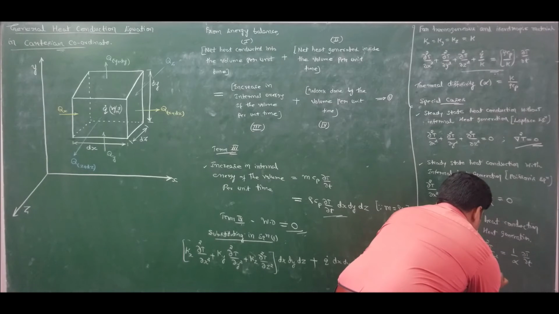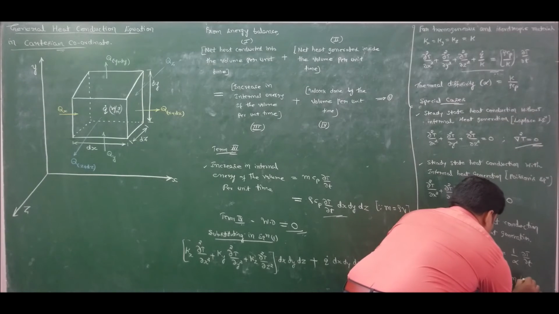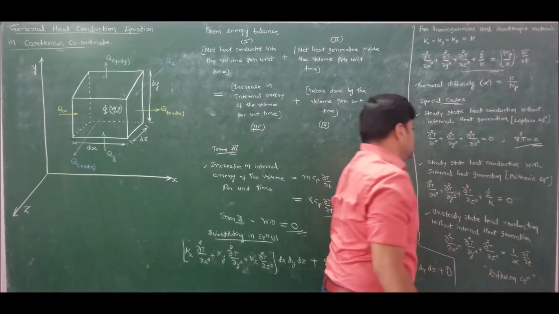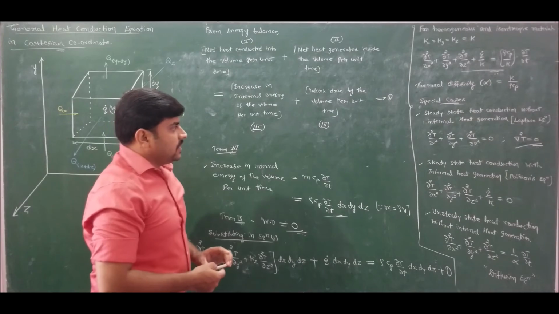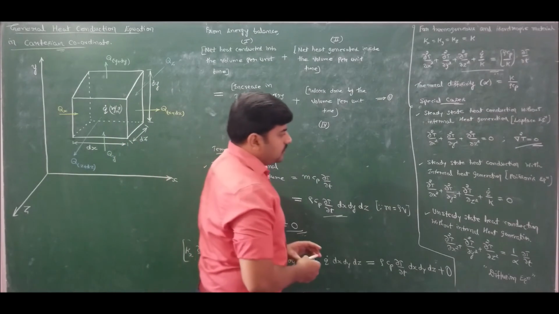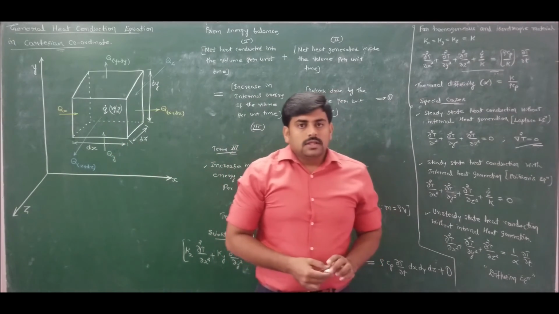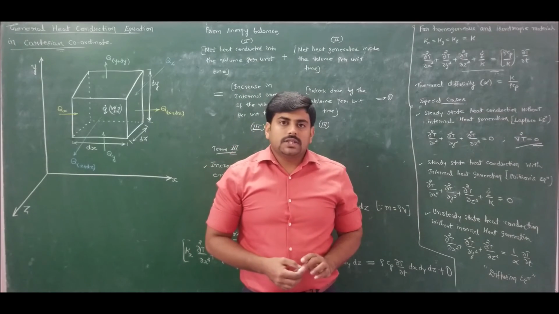So this is known as diffusion equation. These are the three special cases, that is Laplace equation, Poisson's equation and diffusion equation for the general heat conduction equation in Cartesian coordinate system.